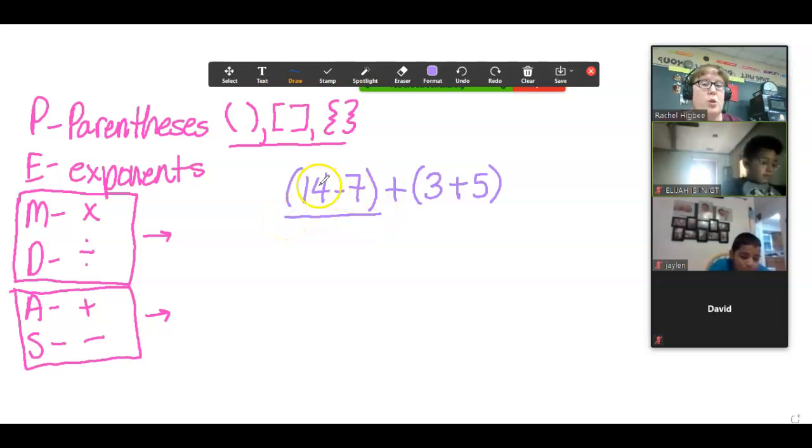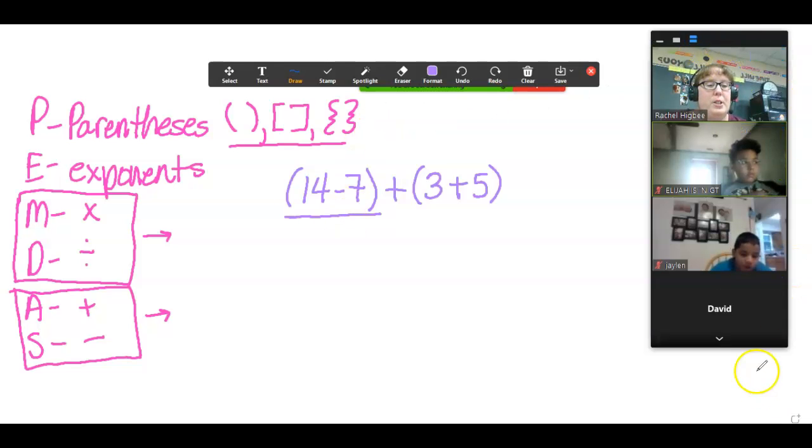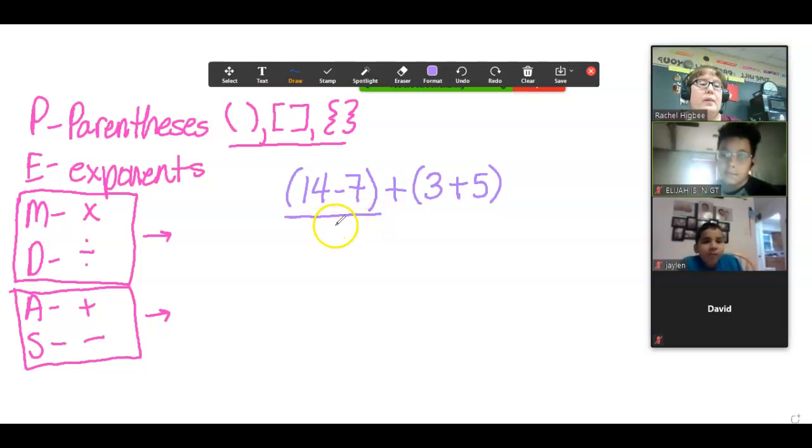All right, so what is 14 minus 7? Come on, guys. I need to hear from more people than just Elijah. What is 14 minus 7? Everybody should be able to tell me that one. Jalen, what's 14 minus 7? What's 14 minus 7?